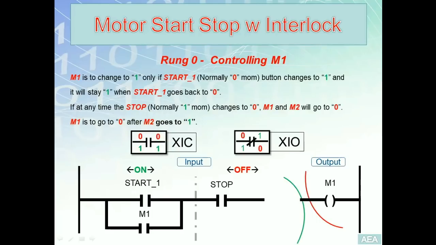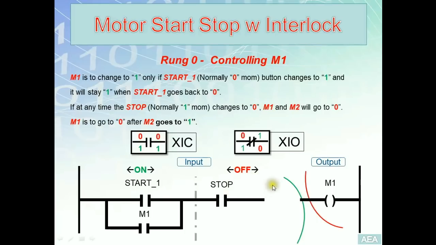Even though M2 is an actual output, it can act, like in this case, as an input that's targeting M1. The question is, does M2 belong to the on section or the off section? It says over here M1 is to go to 0 when M2 goes to 1. It means M2 is going to cause M1 to go to 0. In other words, it acts as a stop. So it makes sense to add an instruction that refers to M2 in the off section.